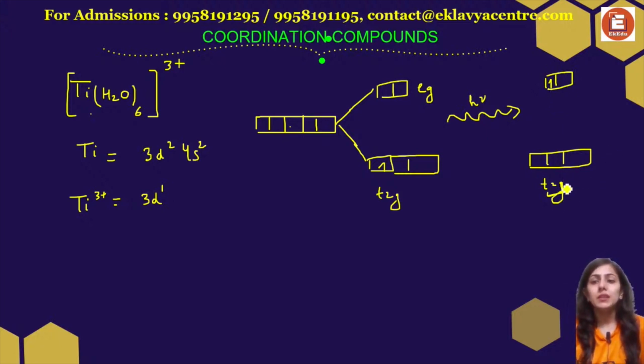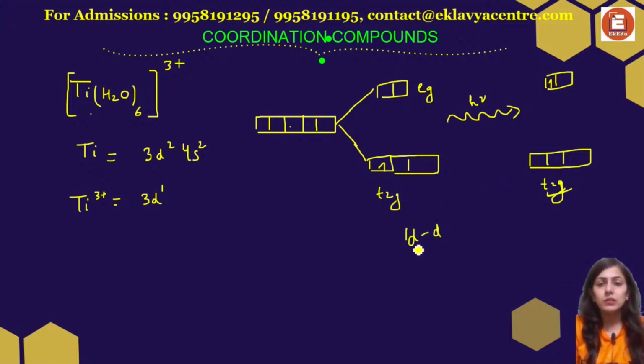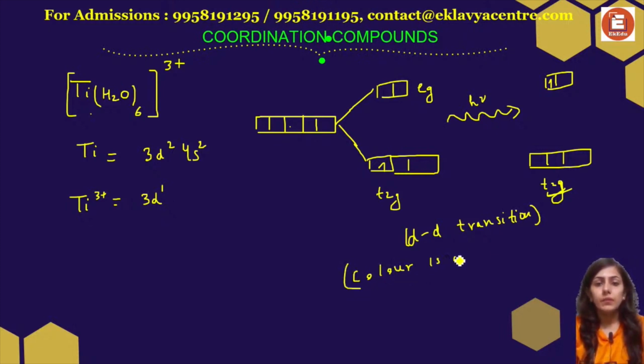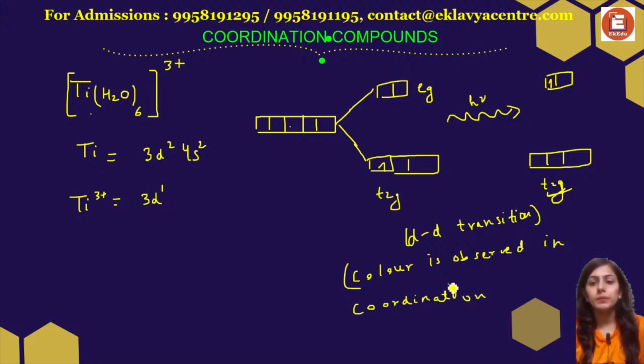Due to this d-d transition, we observe color. We can say color is observed in coordination compounds. And how? I'll explain to you.